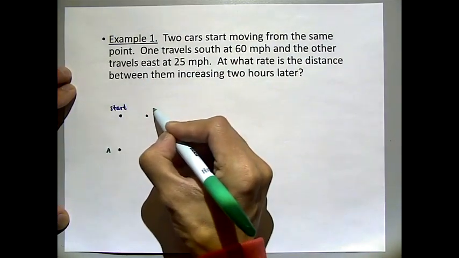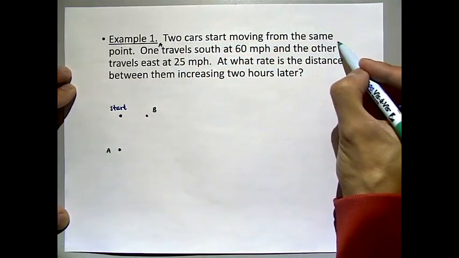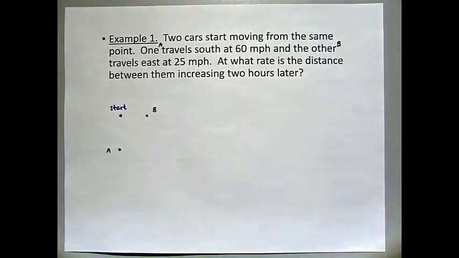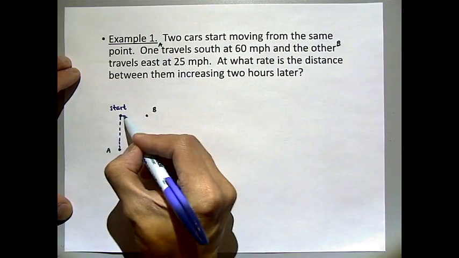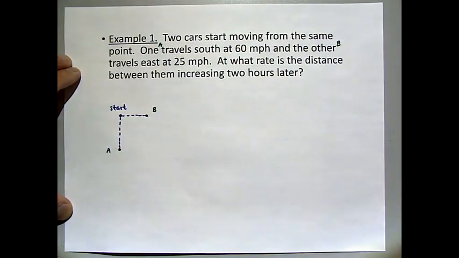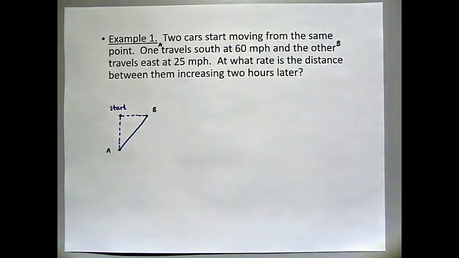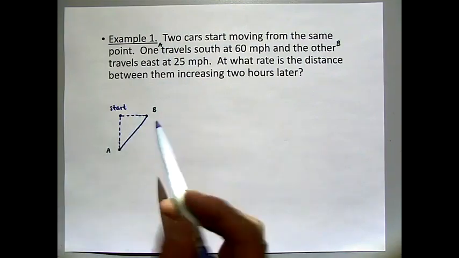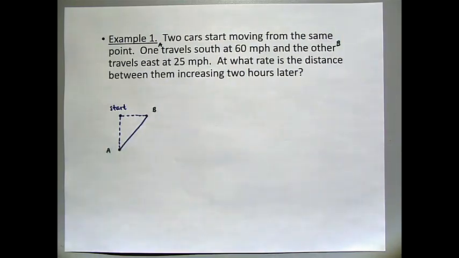And somewhere over here, we'll call that car B. This right here is the distance from car A to the starting point, and this right here is the distance from car B to the starting point. This line right here, that's the distance between the two cars, and that's the quantity that's going to be changing just like the other sides. And we're interested in how fast that quantity is changing, the hypotenuse of that triangle.